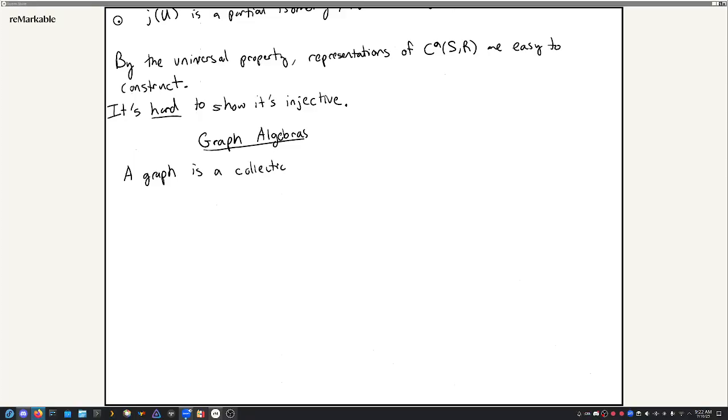Often, people will call graphs combinatorial objects where the edges don't have a direction, but here they do. So a graph is going to be a collection of vertices, which I'll label E0, edges, which I'll label E1, and r and s, which are functions. We'll call those four things E, for the graph E.